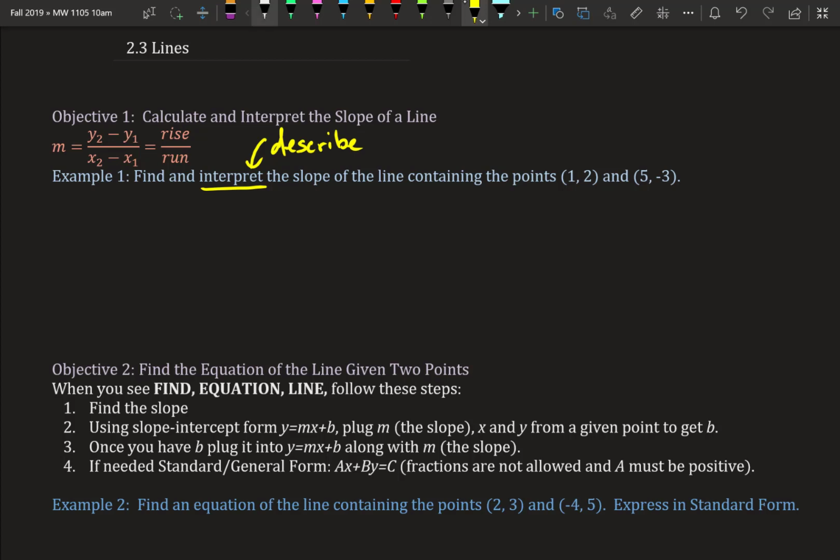Let's go ahead and find our slope. How do we know we're going to use a formula? It's because they give us 2 points, so we have x1, y1, x2, y2.